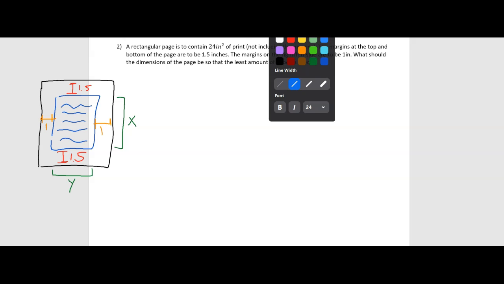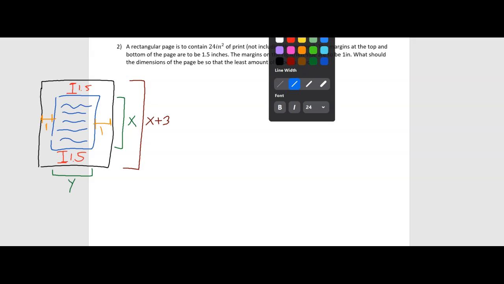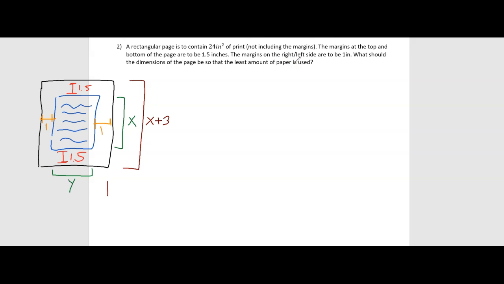Now if I come up with dimensions for the whole page, it's going to be x plus those 2 margins, so x plus 3, 1.5 twice. If I come up with a dimension for the entire width, I'm going to get y plus 2.